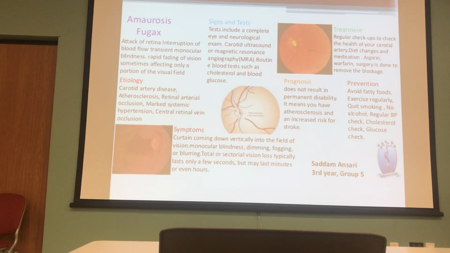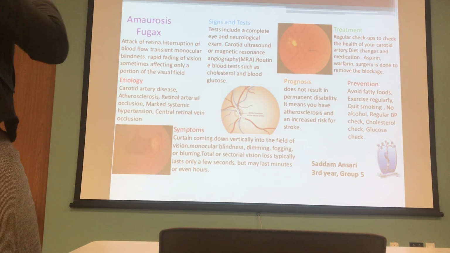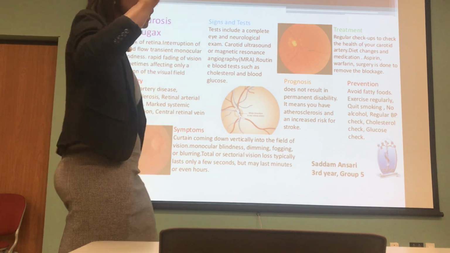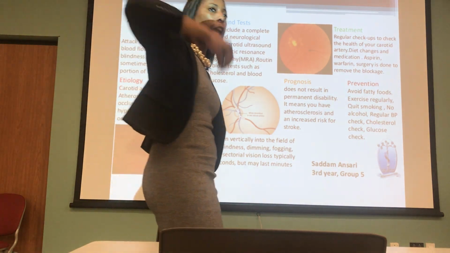Okay. Amaurosis fugax, ipsilateral monocular blindness. Ipsilateral, same side as the carotid that is occluded. Ipsilateral monocular, one eye. One ocular eye. Ipsi, same side. So if I have a right carotid occlusion, I have a right eye that I transiently lose vision in.